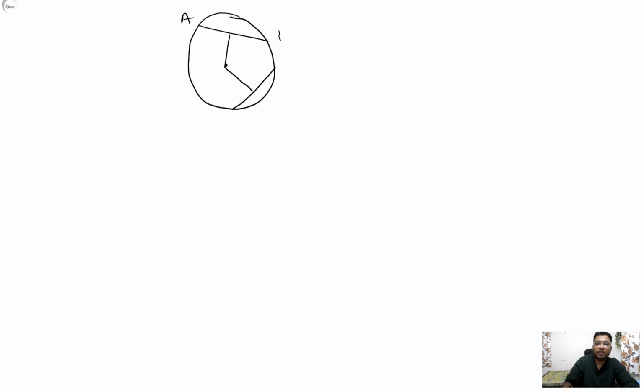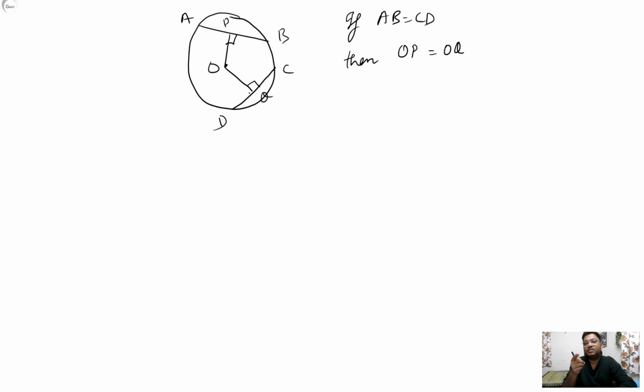So, let's just say A, B, C, D, point O, this is P, this is Q. So, if two chords are equal to each other in length, AB is equal to CD, then OP will be equal to OQ. Their respective perpendicular distance from the center will be equal. So AB is equal to CD is a given information to you, and this is your result.